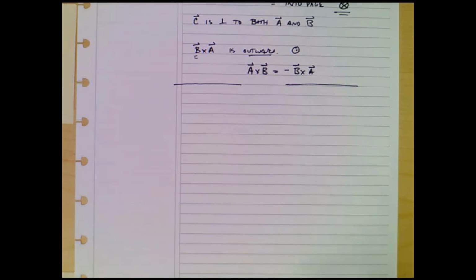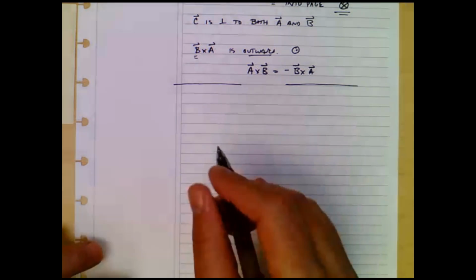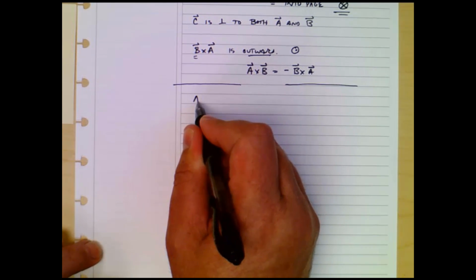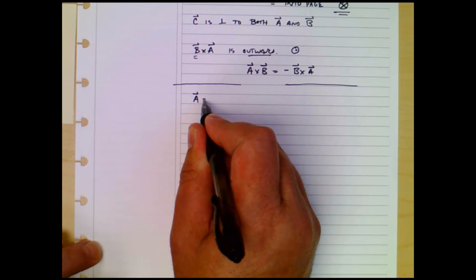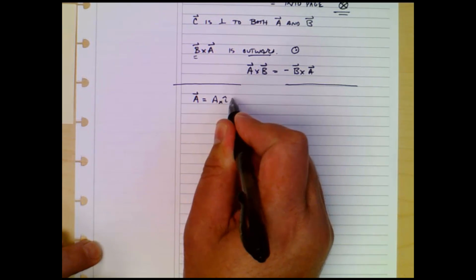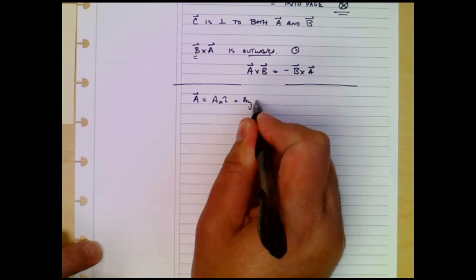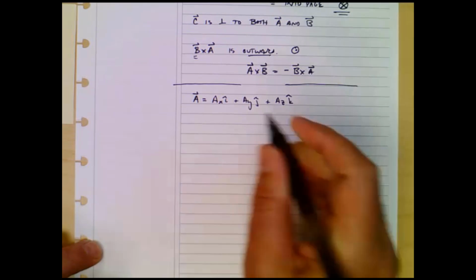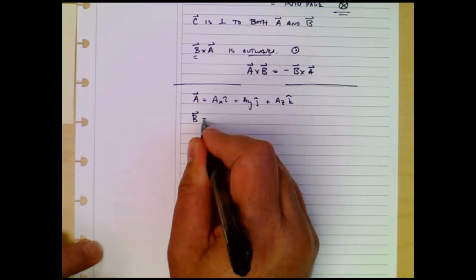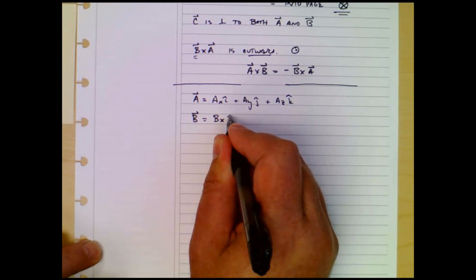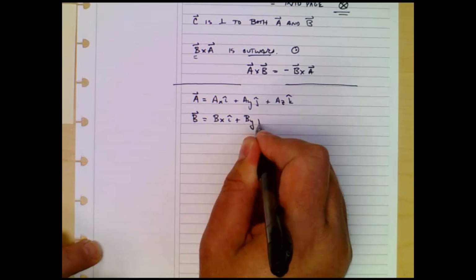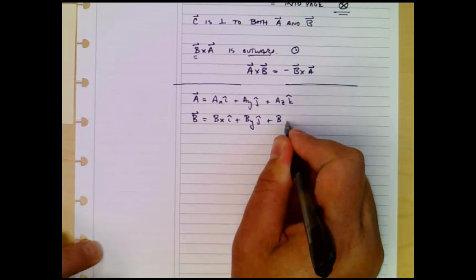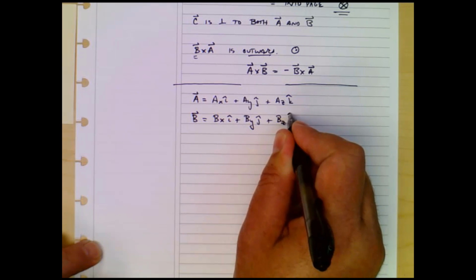Now, let's move on and say, all right, what's going to happen now if I have, and I'll do it in all its three-dimensional glory, A as a sub x i hat plus a sub y j hat plus a sub z k hat. And I have B as b sub x i hat plus b sub y j hat plus b sub z k hat.